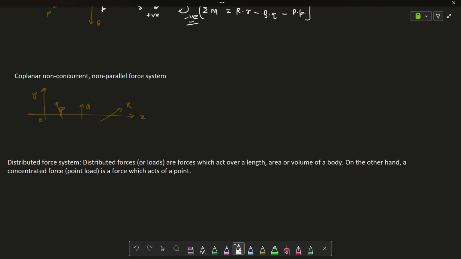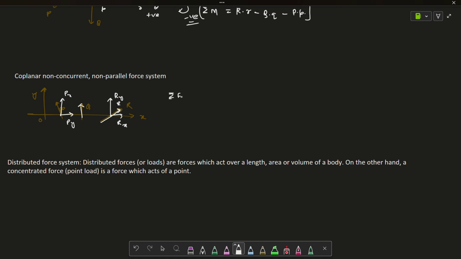First we have to do the resolution in the y direction and x direction. So this will become Px, Py. Q is already in the y direction, so no need to resolve it. This one is R, so we have to do resolution into Ry and Rx.